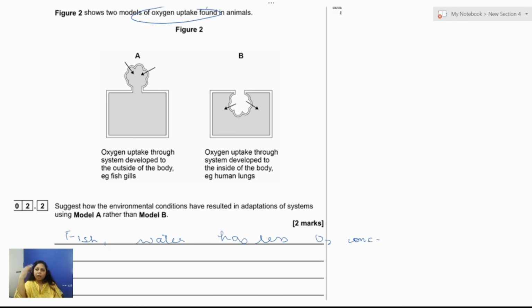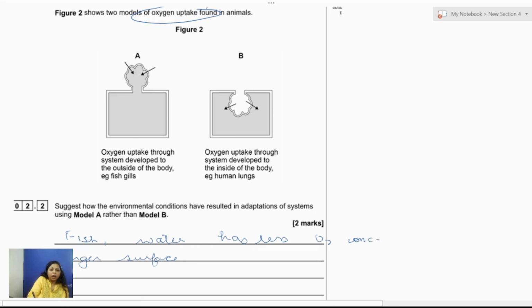Like their lungs would be developed. Wait, they have a larger surface area because the gills are outside the body, we can say.